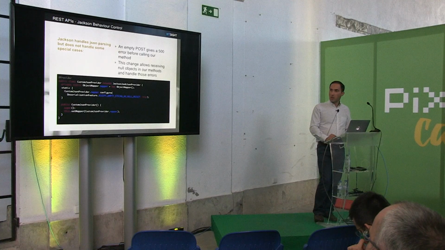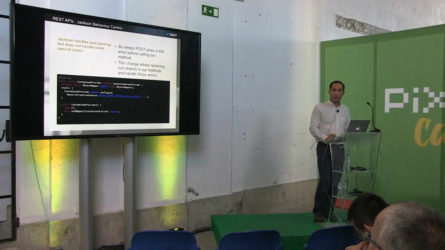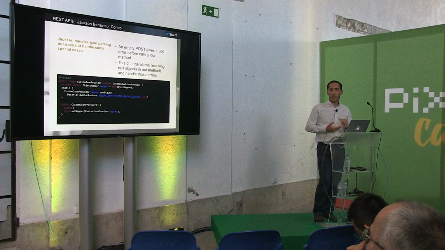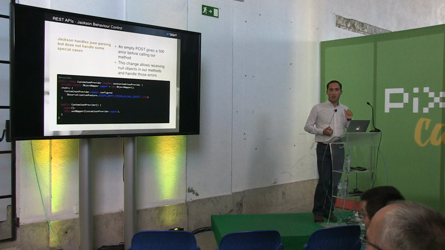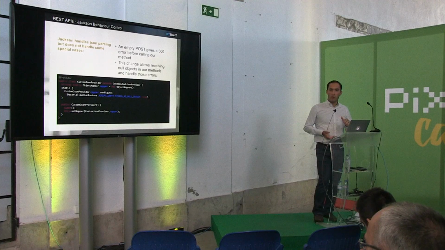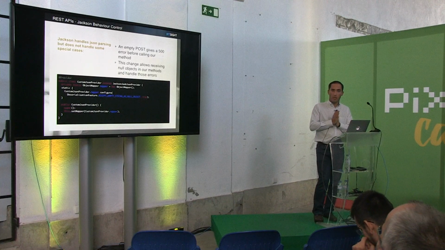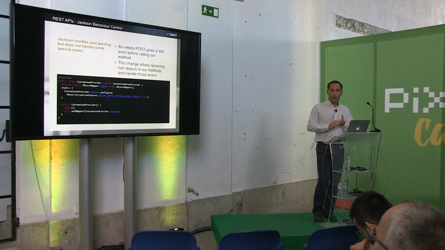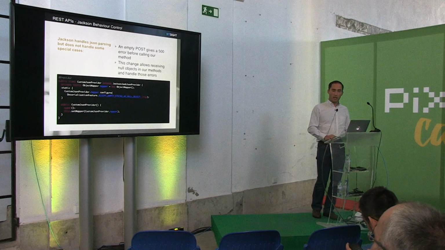Why? Because Jackson is configured by default to throw an exception if an empty post is given. You want a post with a JSON, it tries to parse it, doesn't have any content, throws an exception, and doesn't even call your method. This change in behavior allows you to receive a null object in your method, catch the exception, throw a decent error, and log information that someone is calling your method with an empty body.